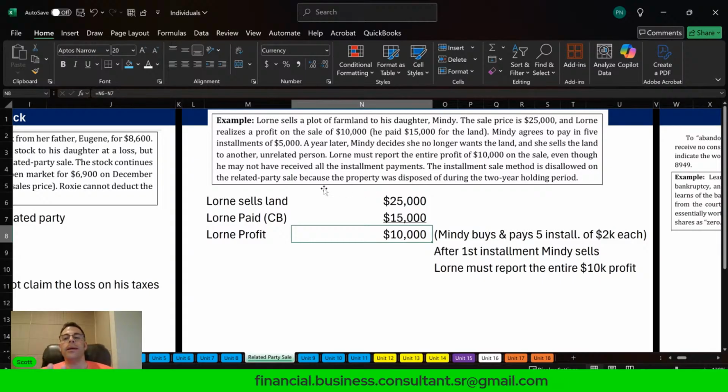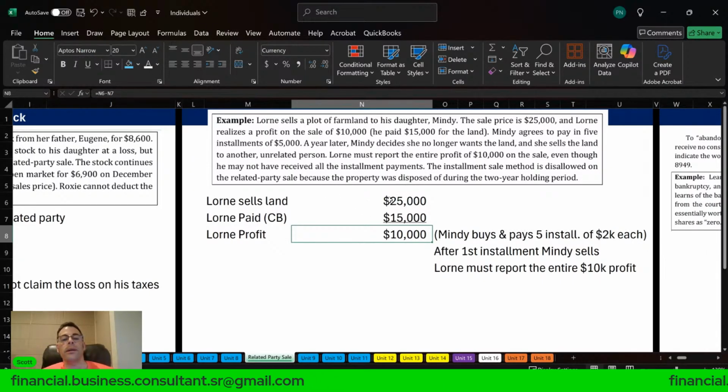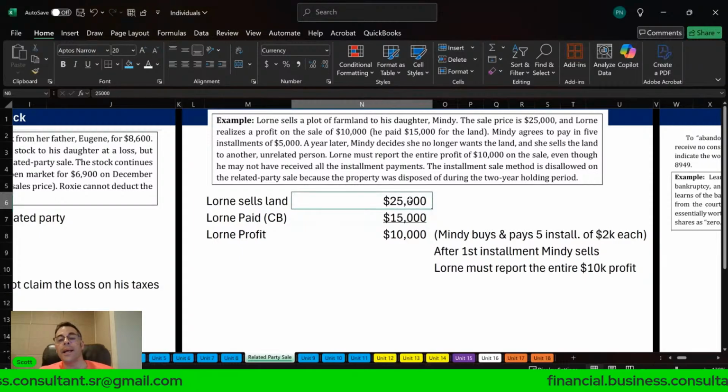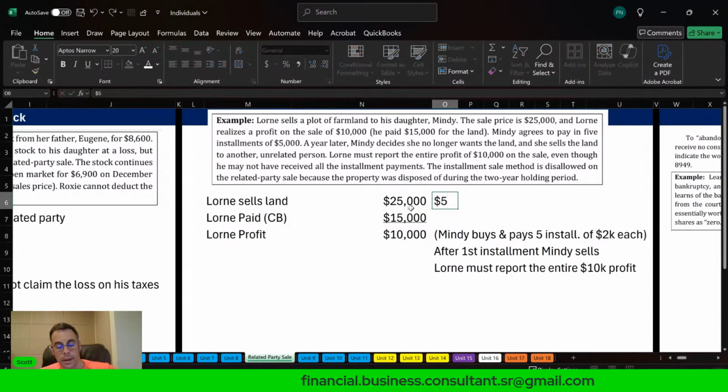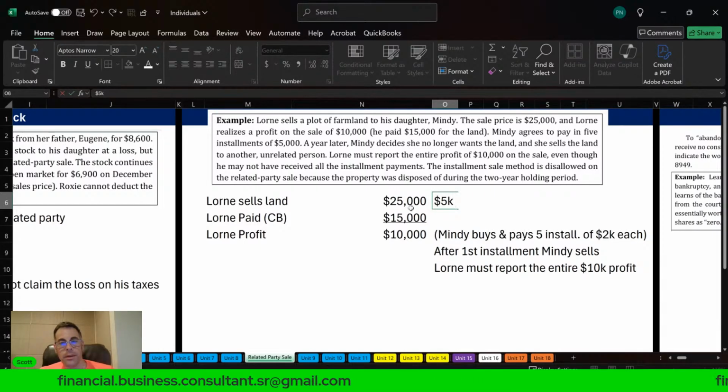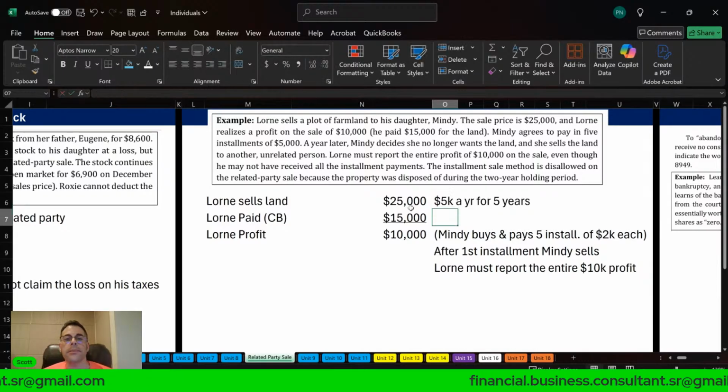Mindy agrees to pay in 5 installments of $5,000. So Lorne is going to sell it to Mindy for $25K. Mindy says, okay, $5K a year, 5 years.